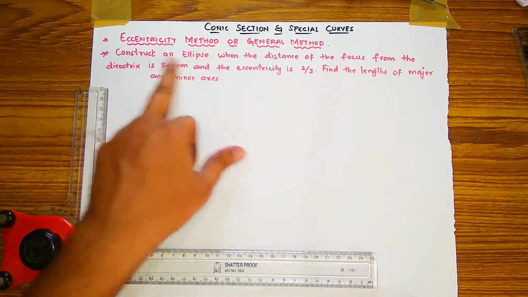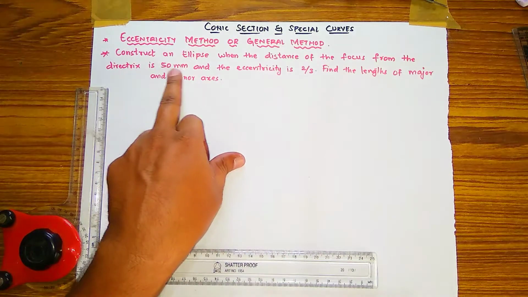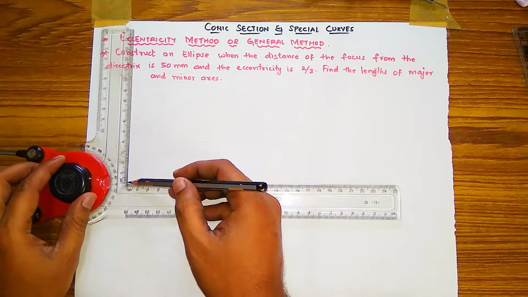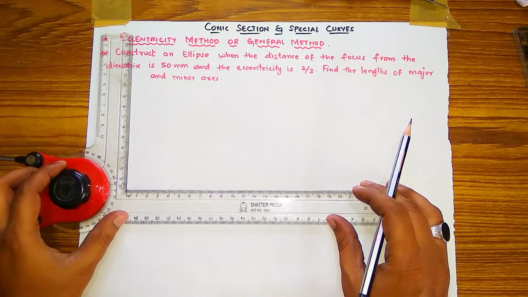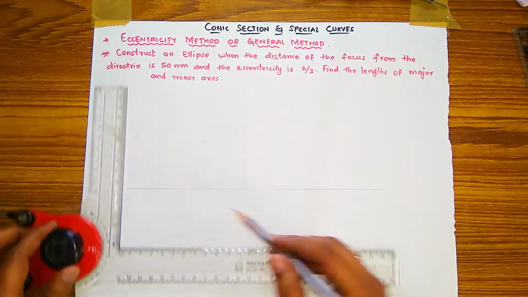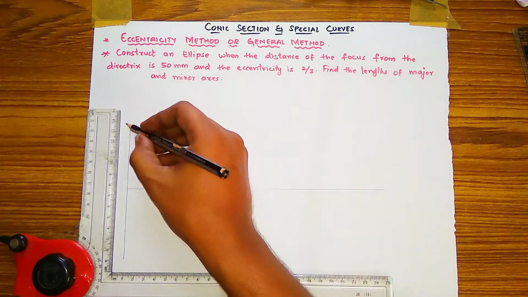The question is construct an ellipse when the distance of the focus from the directrix is 50 mm. First you have to draw a normal line like this, and this perpendicular line you are drawing is the directrix.